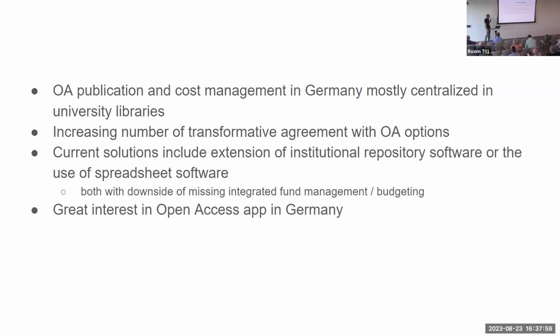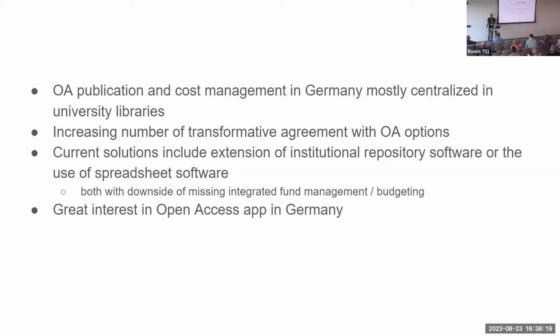So we actually use Excel for this at the moment. Both solutions have the downside of missing integrated fund management. As Owen said, we want to manage our funds integrated in one system.